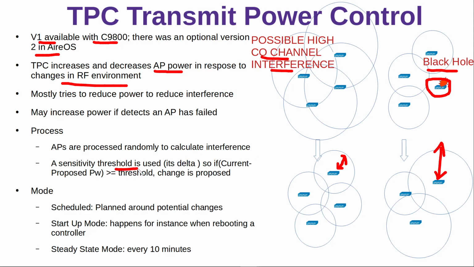It will use a threshold that you can set. It can run in several modes: a scheduled, a startup mode, and a steady state, in which it will run every 10 minutes.